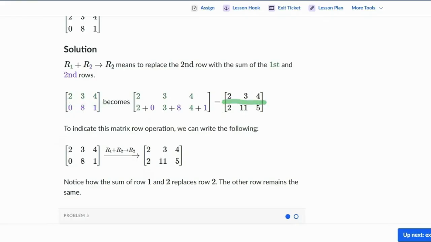Even though we're adding it to the second row, we're only replacing the second row. So we don't care about changing anything. 3 and 8. 4 and 1. It looks strange. So 2, 3, 4, 0, 8, 1 becomes 2, 3, 4, 2, 11, 5 when we add them together.